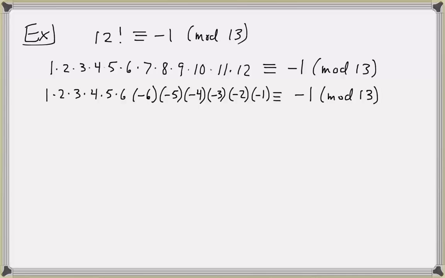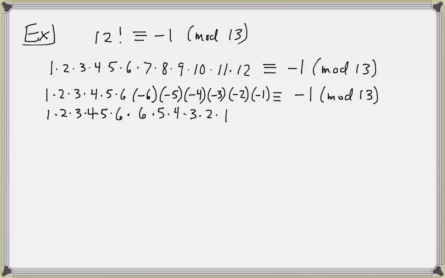So we see this equals 1 times 2 times 3 times 4 times 5 times 6. If I factor out all the minus signs, this is another 6 times 5 times 4 times 3 times 2 times 1.